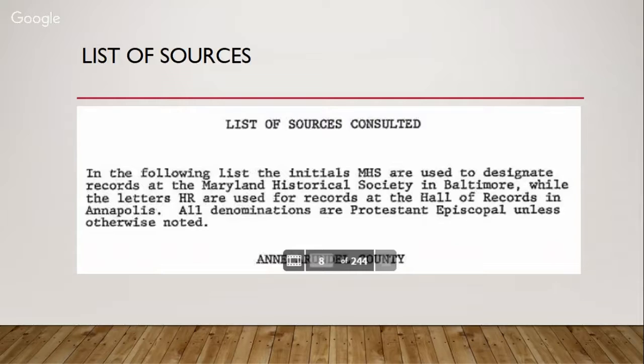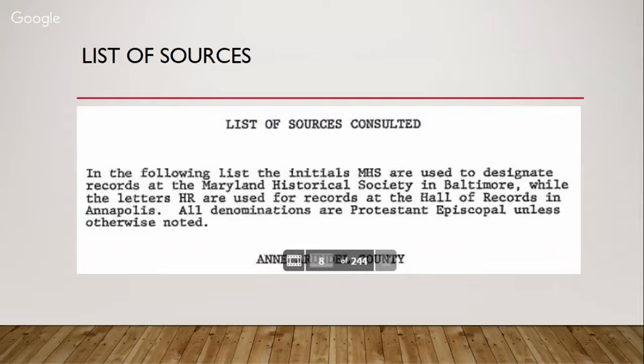What this says is that the information in this, the Maryland Historical Society and the Maryland HR stands for Hall of Records. So the Maryland Historical Society and the Hall of Records in Annapolis is where the sources came from. So this is a book that's referring to another source.